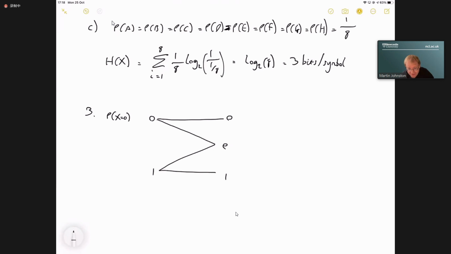So 0 and 1 is our input. The probability of x equals 0 is 0.55, the probability x equals 1 is 0.45, and the probability of an erasure is 0.2. That's the probability of the bit being erased. The probability of it being left alone is 0.8.